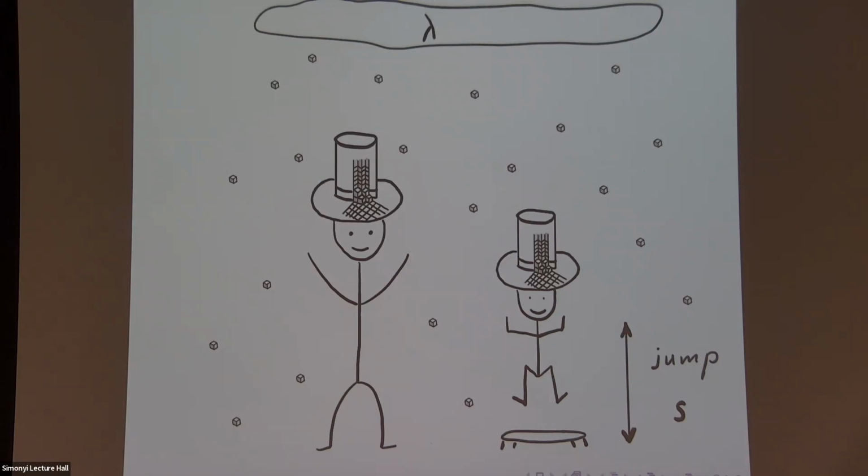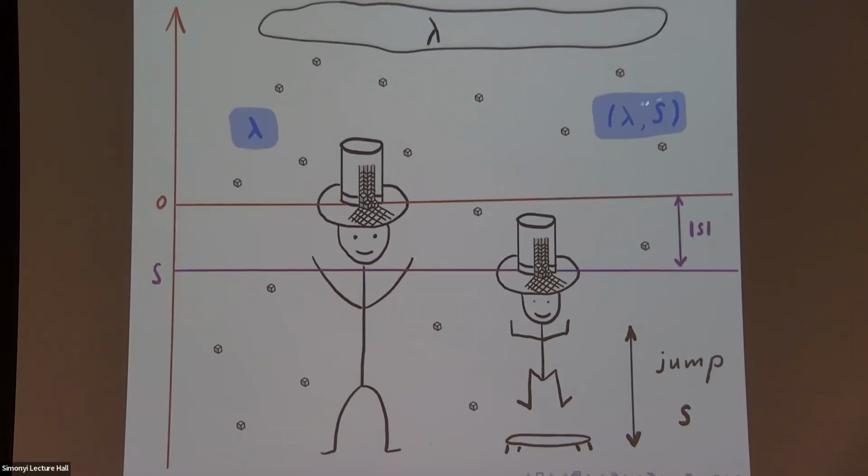And then, in addition to the cylindric partition, I have a vertical shift. So apparently it makes sense to think about a pair of a cylindric partition and a vertical shift. And we're going to have two models. One of them is just a cylindric partition, and another one is a cylindric partition with a vertical shift.